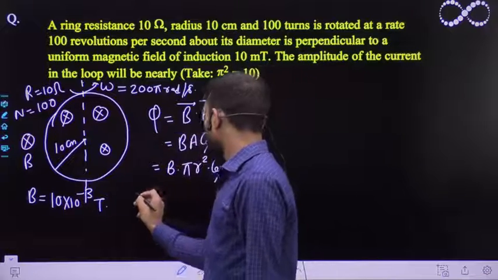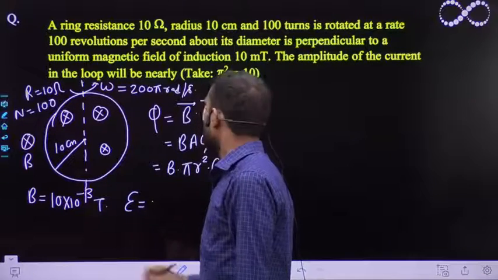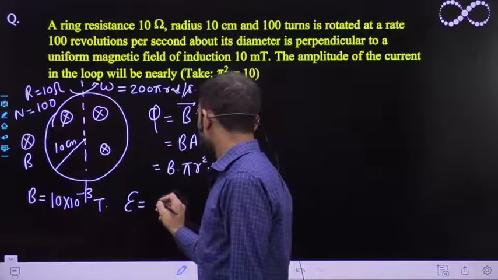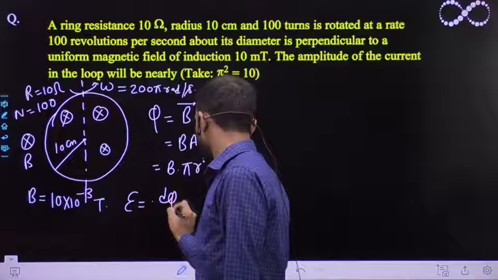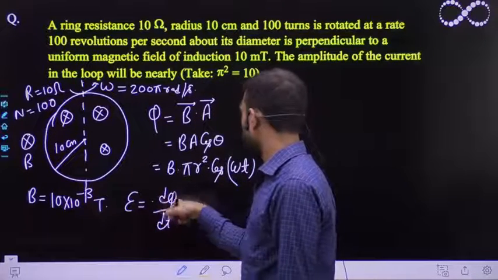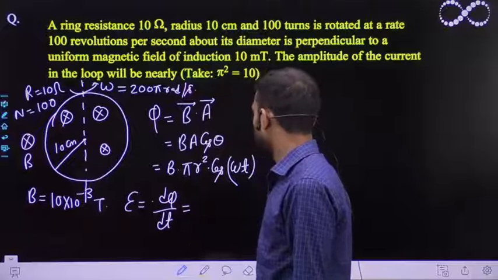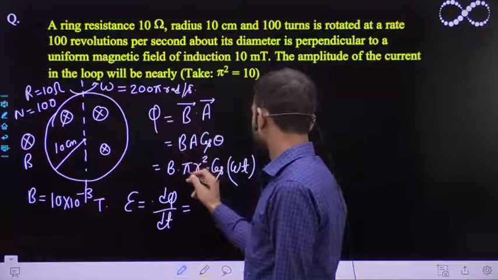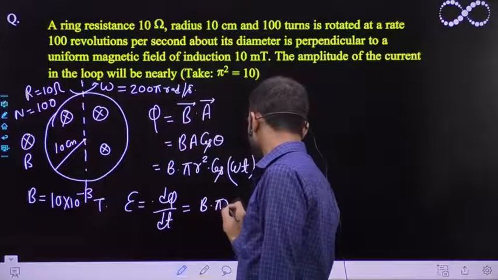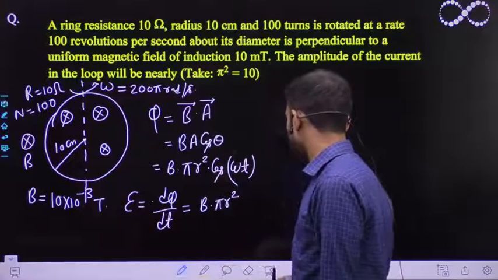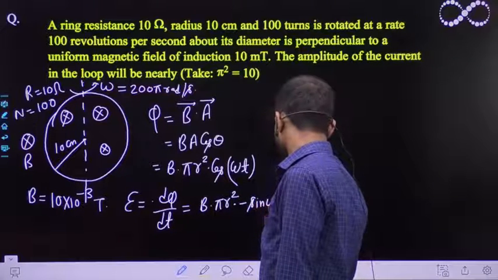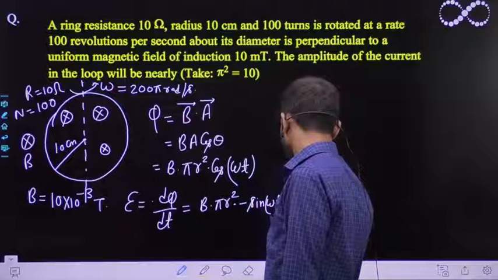Now all I need to find is the EMF, the magnitude here. There is no need to find the direction. So EMF is d phi by dt. I'm not interested in direction here, so I'll just find the magnitude. If I take the differentiation, B pi r square is constant, so this will become B into pi r square, and the differentiation of cos with respect to time is minus sine omega t into omega.